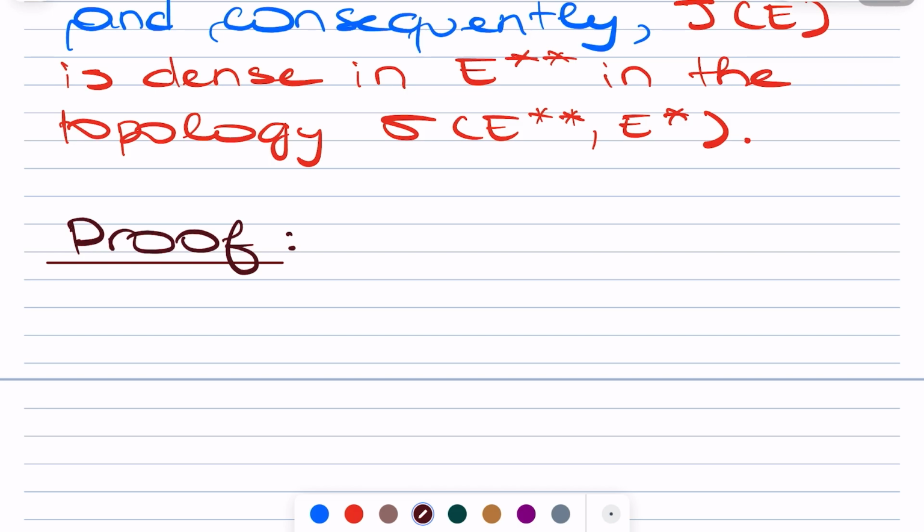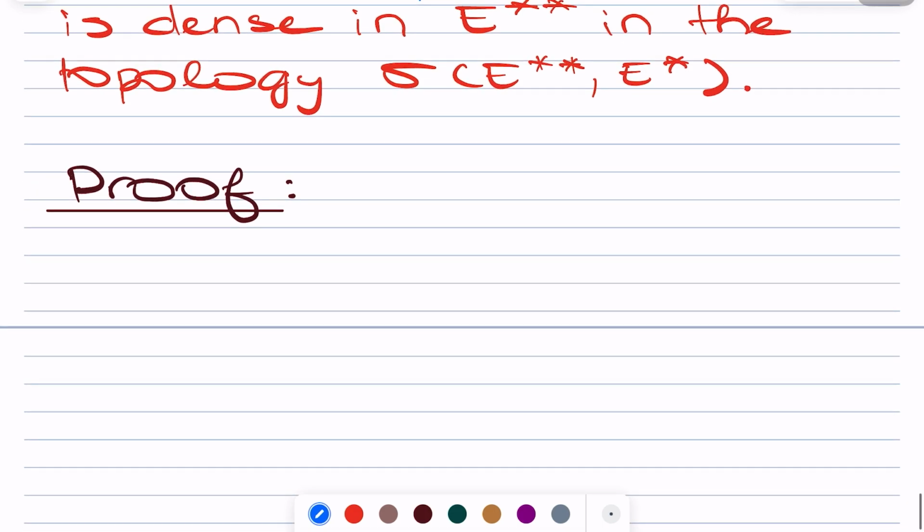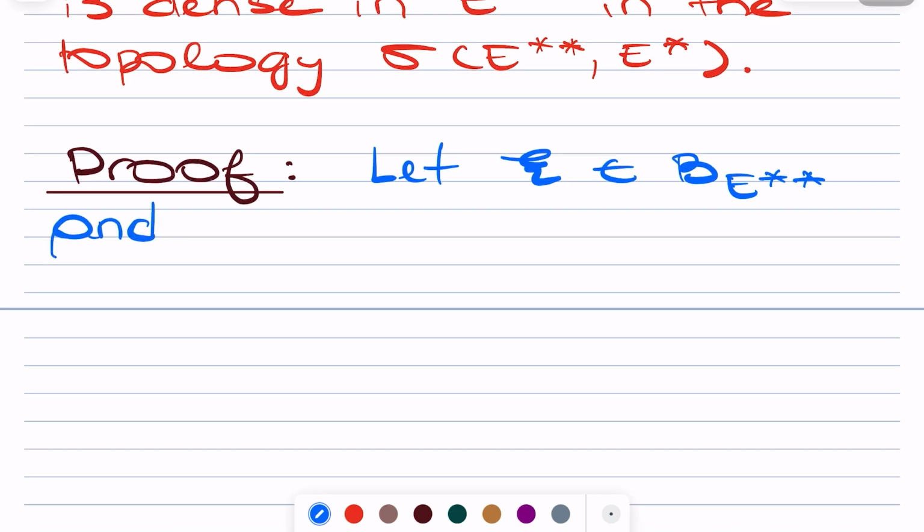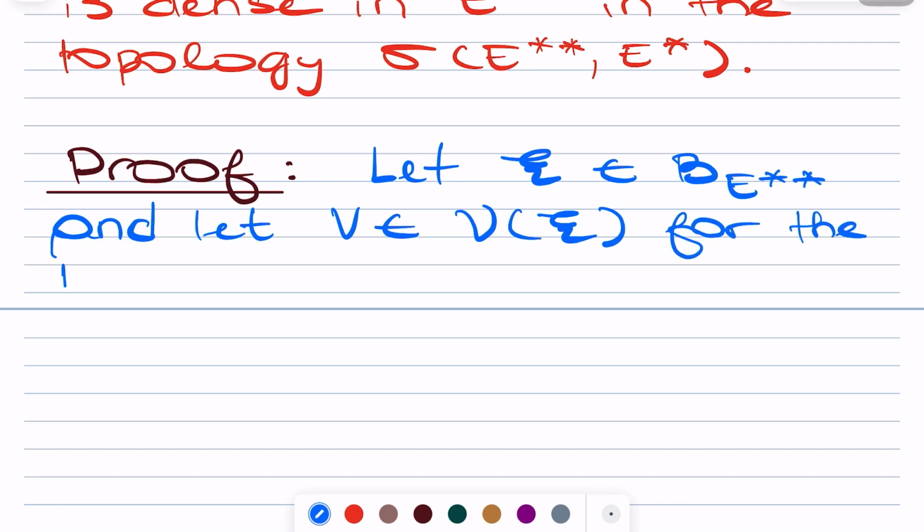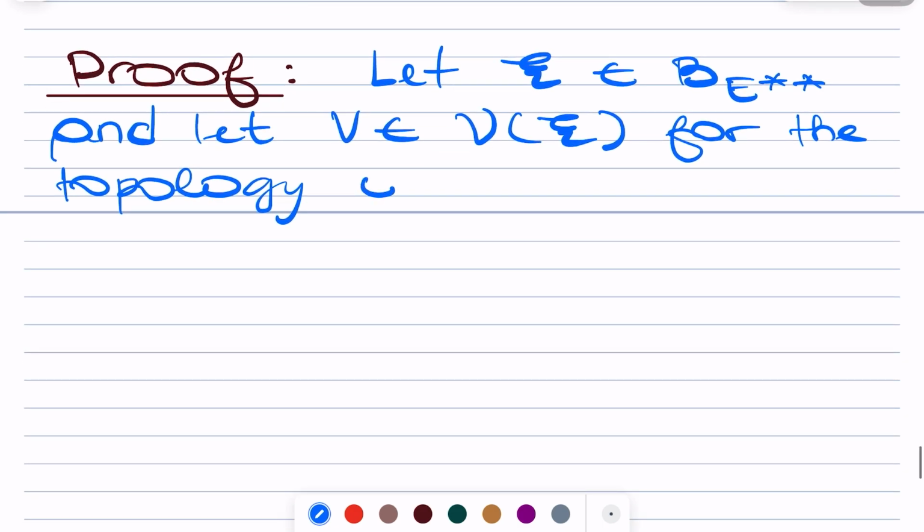So let xi be in the closed unit ball in the bidual, and let V be a neighborhood of xi for the topology sigma(E star star, E star).